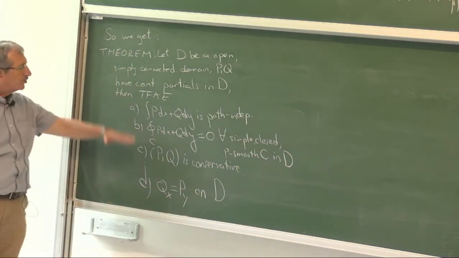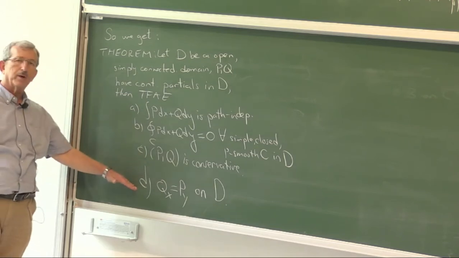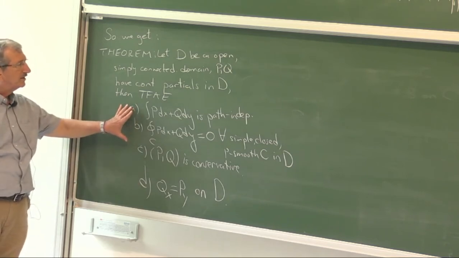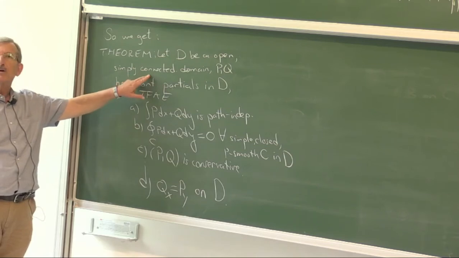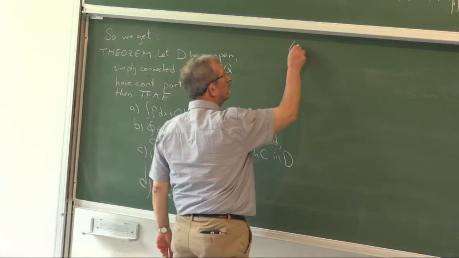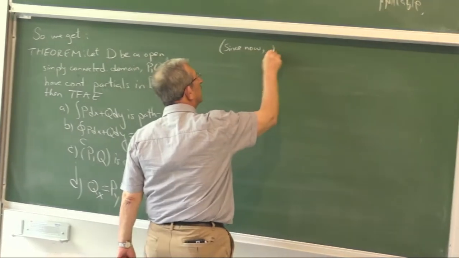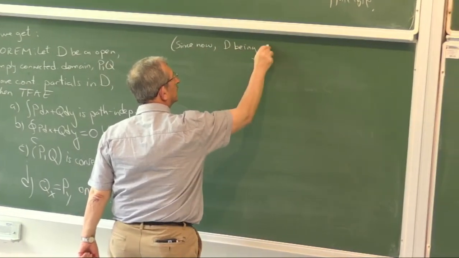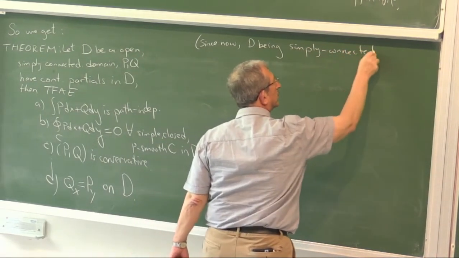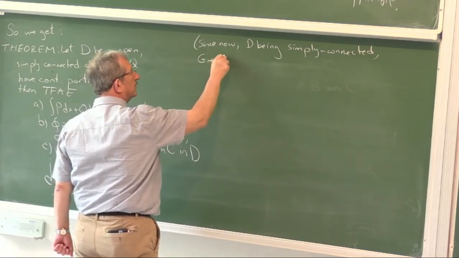So we already had shown equivalence of the first three, and that C implies D as well. So the only missing part was D implies any of these. Well, it is because we have a simply connected domain and Green's theorem. Since D being simply connected, Green's theorem is applicable.